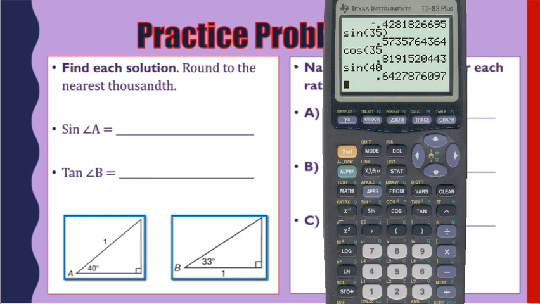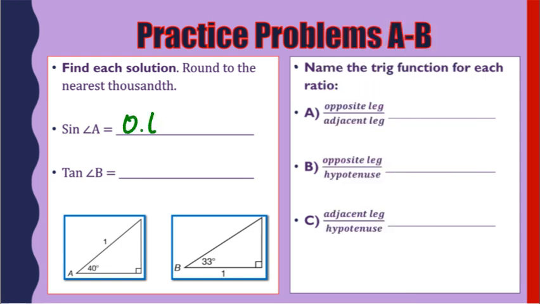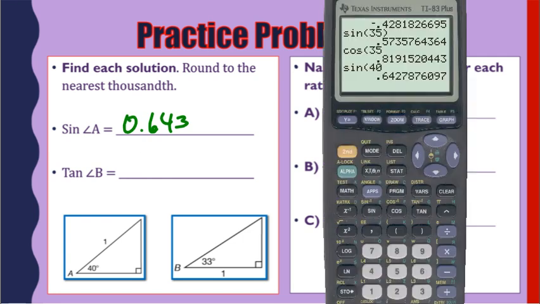And 3 decimal places, so 0.643. Then tangent of angle B, I hit the tangent button, and then 33. Get 0.649.